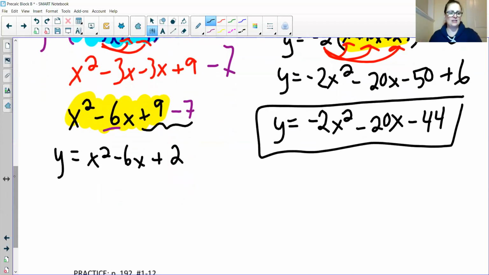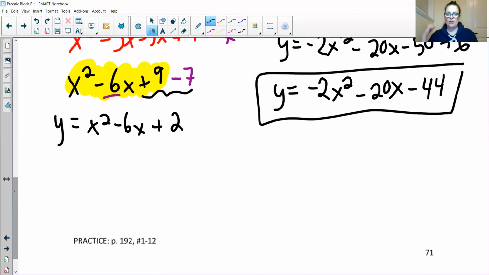So the point of this lesson is that you should be able to go from vertex form to general form by expanding, simplifying, and grouping like terms, and from general form to vertex form by completing the square. I would like you to try these questions here in your online textbook.